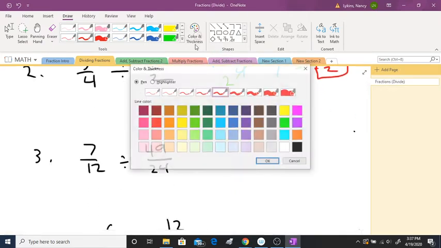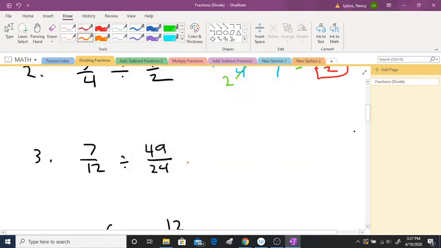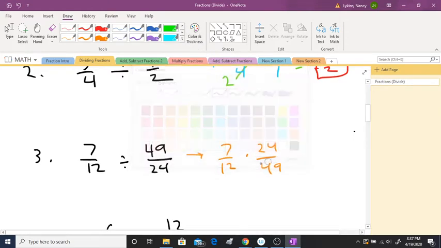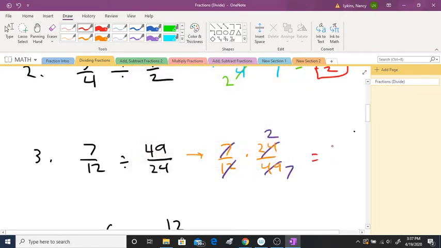Okay, let's take a look at the next one. This is getting to more complicated fractions, not simple fractions. So what we're going to do is still keep the 7/12, but now I'm going to flip the 24/49. And now I'm going to look and see, can I cancel anything out? Well, 7 goes into 49 7 times. 12 goes into 24 2 times. So my answer is going to be 2/7.